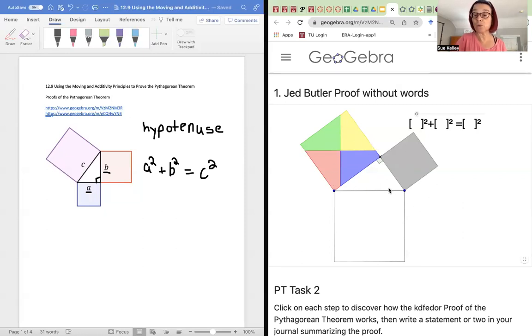And then down here, we have a side length of C. And the area of this square is going to be C times C, or C squared.